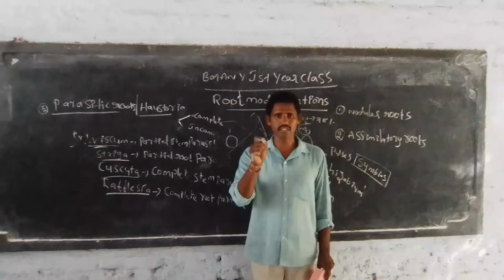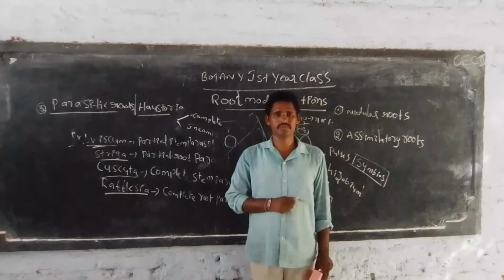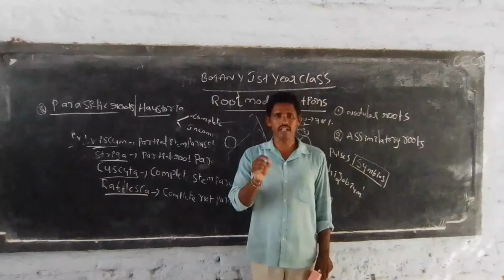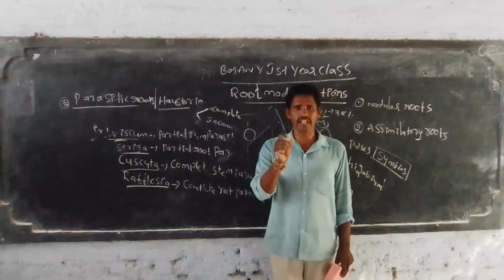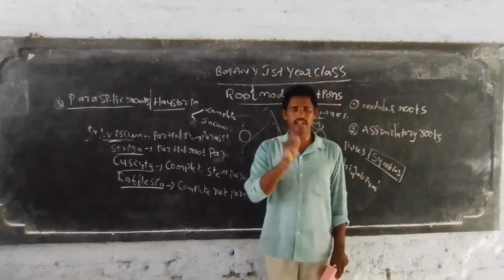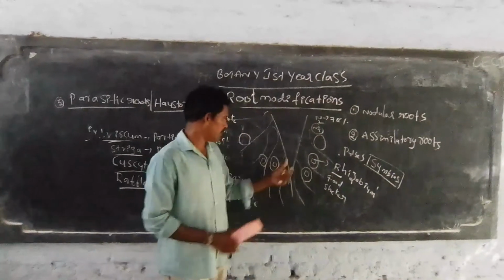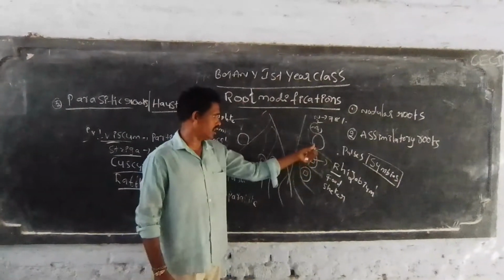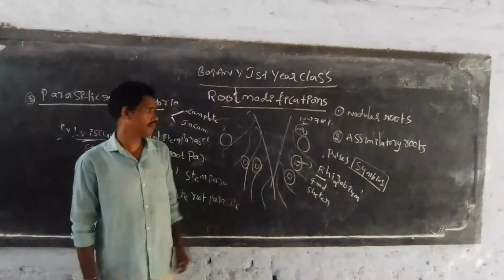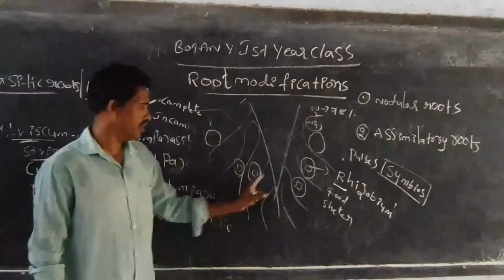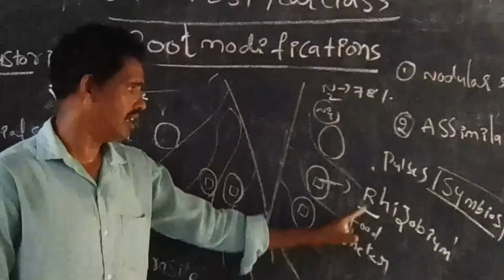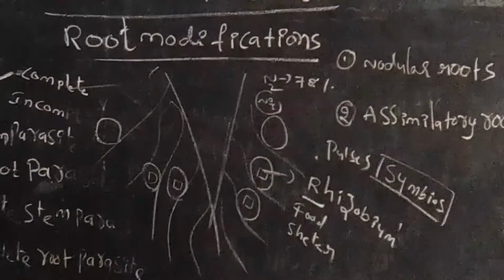Nitrates are useful for plant growth. Here the plant provides food and shelter to the bacteria. Both are mutually benefited. This type of living process is called symbiosis.